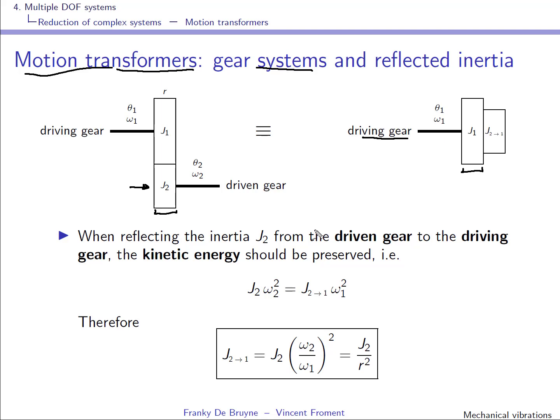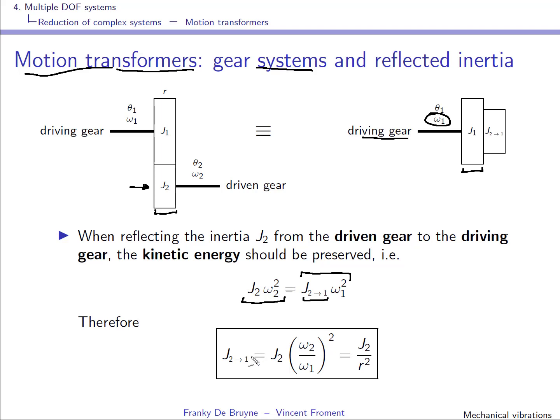It's turning at a rotational speed omega 2, so we know that the kinetic energy is given by this expression. When it's reflected back on the driving gear, it's now turning with a rotational speed omega 1, and the corresponding kinetic energy will be this expression here, and this is the moment of inertia of this gear brought back to the driving gear.